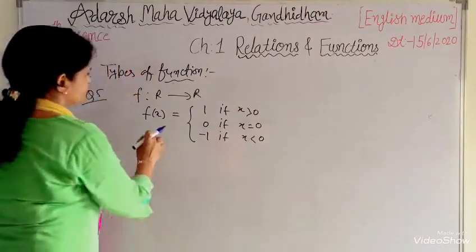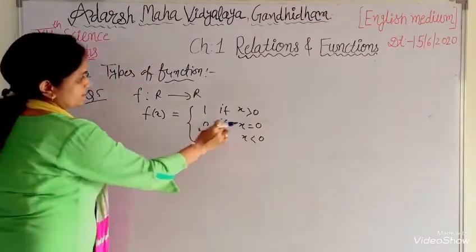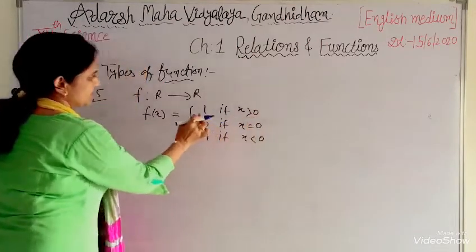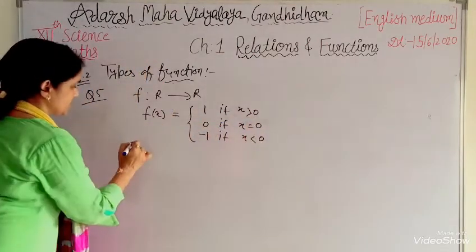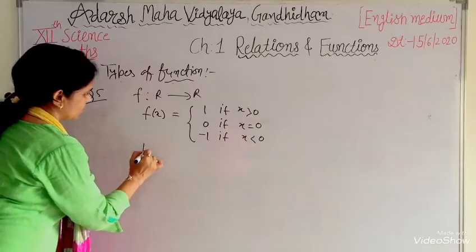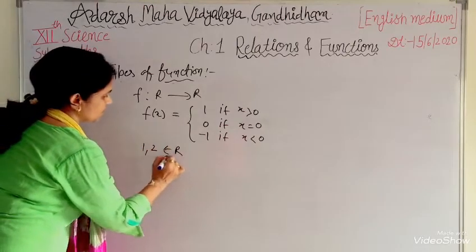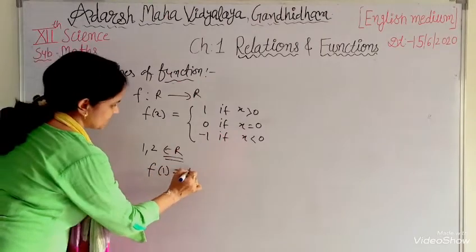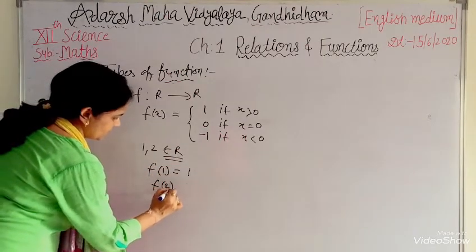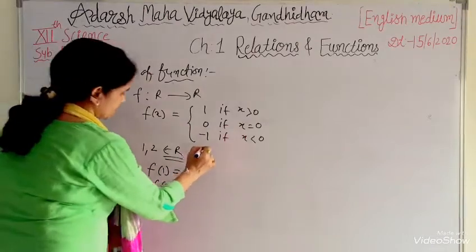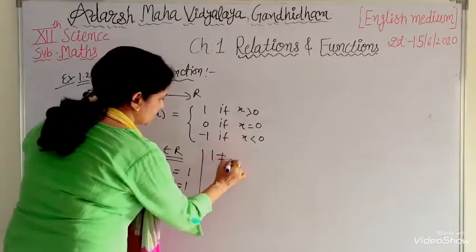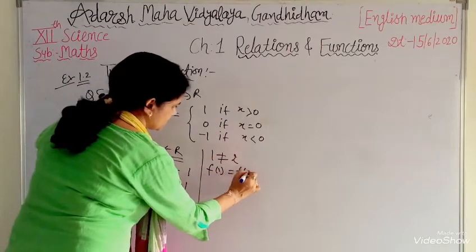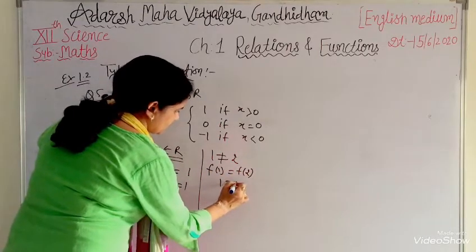Now student, for this, see that for all elements which are greater than 0, image is 1.